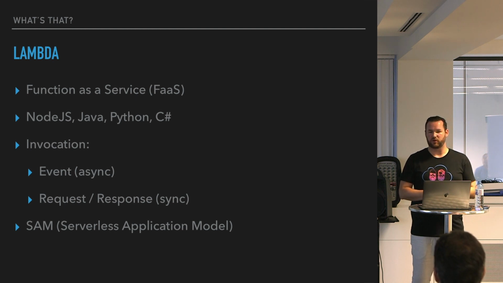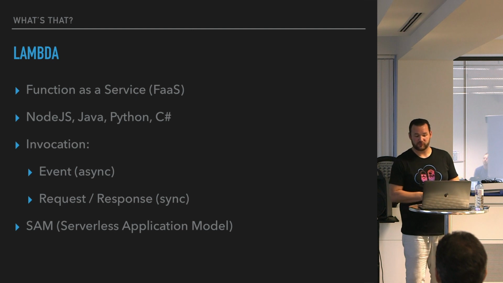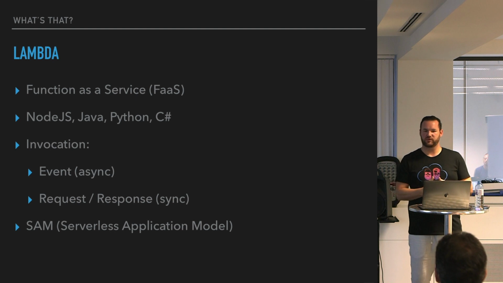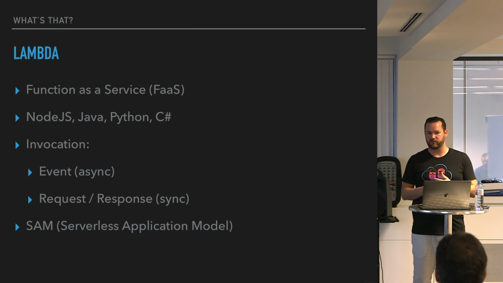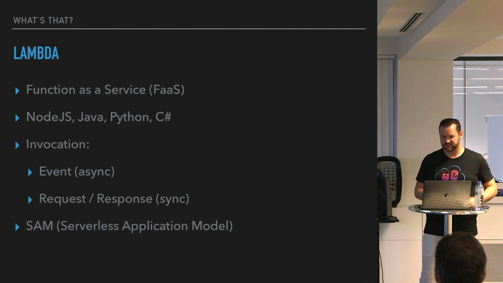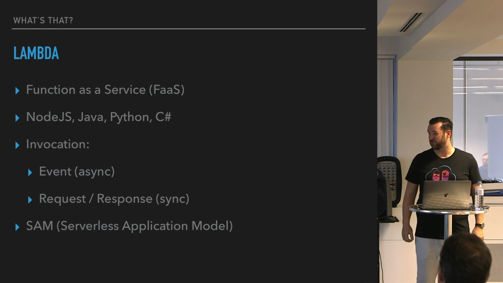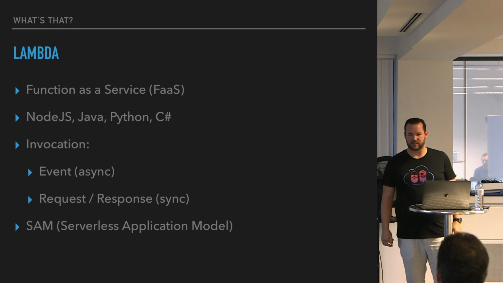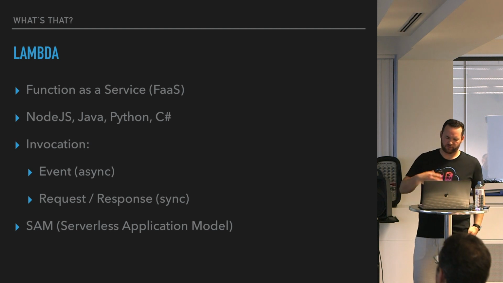So Google or Azure or others could actually make use of SAM, and you describe how your function is invoked, which are the configuration parameters, the environment variables, and you can theoretically use SAM to describe a function for the Google Cloud as well. But this is still supported only by AWS, as far as I know. But I think it's the right step in the right direction for creating a kind of standard for serverless applications.